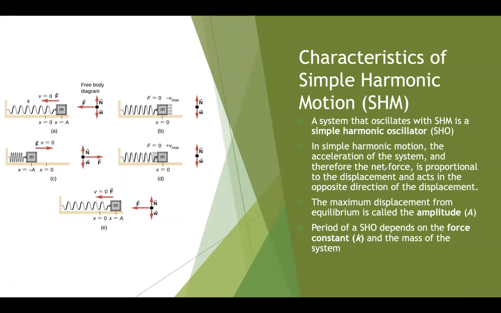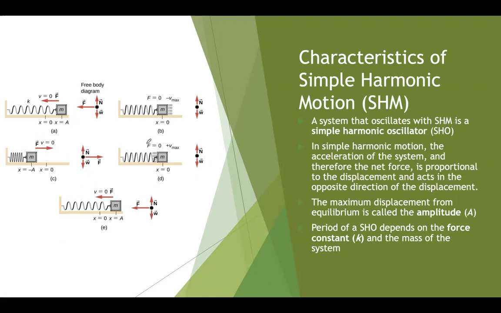And this is called SHM for short. Okay. We want to go ahead and characterize this. In simple harmonic motion, the acceleration of the system, and so the net force, is proportional to the displacement and acts in the opposite direction of the displacement.